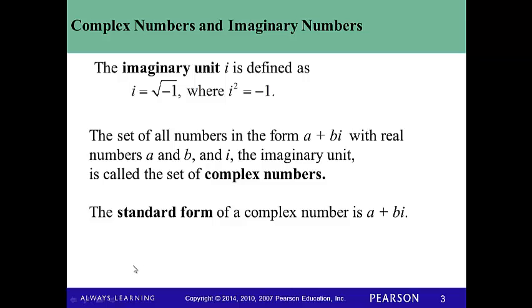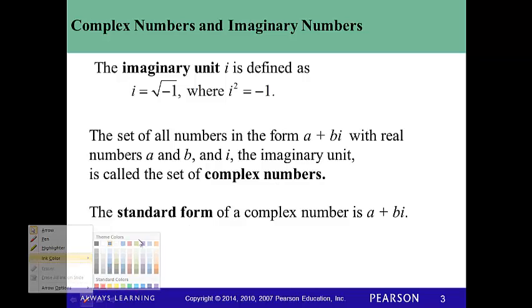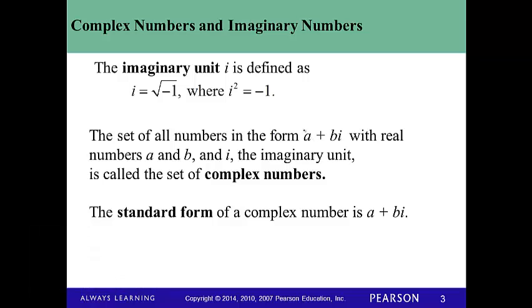The set of all numbers in the form a plus bi, with real numbers a and b, so real numbers are the numbers we're used to, and i, the imaginary unit, is called the set of complex numbers. This is what we learned in 102, if you took it.